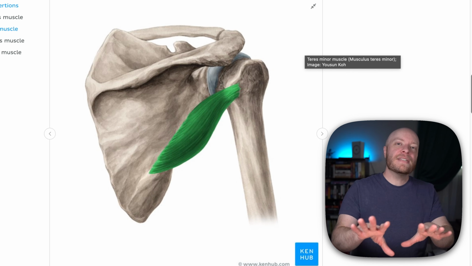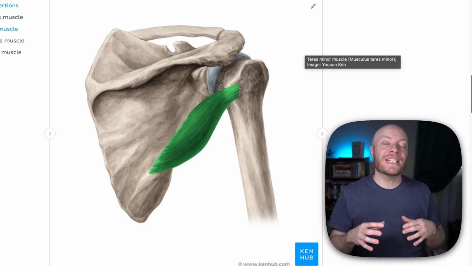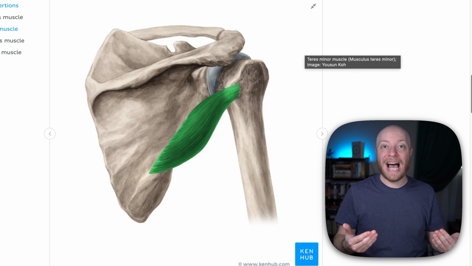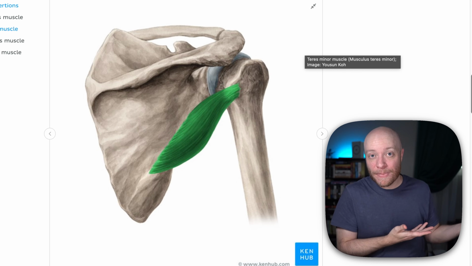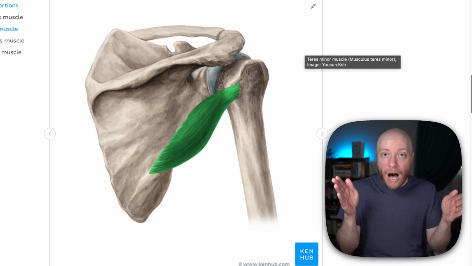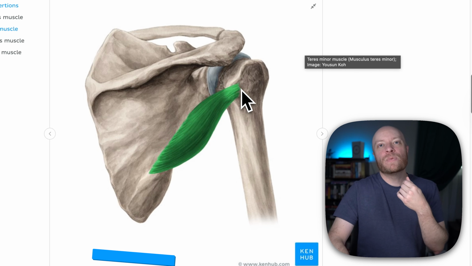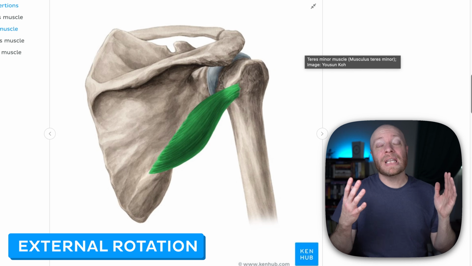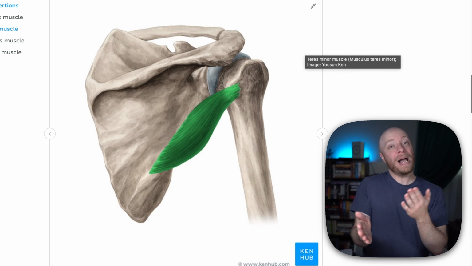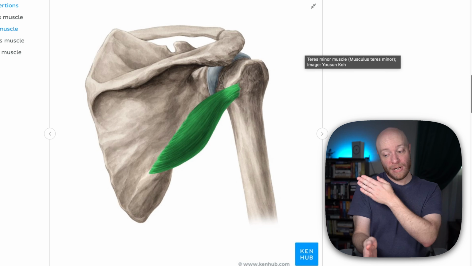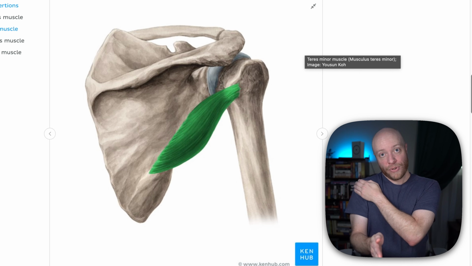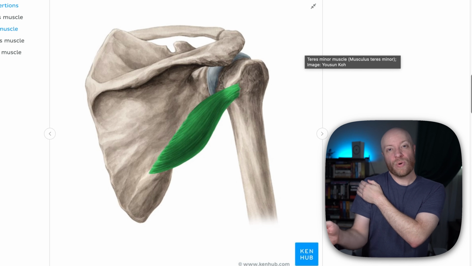Now, since this is on the posterior side of the shoulder joint, it is going to have a different action than the subscapularis did. You can't be on the opposite side and have the same action. So what this is going to do is what's known as external or lateral rotation of the shoulder. If we go back to that same handshaking position, feel your humerus with your opposite hand, then rotate your shoulder.